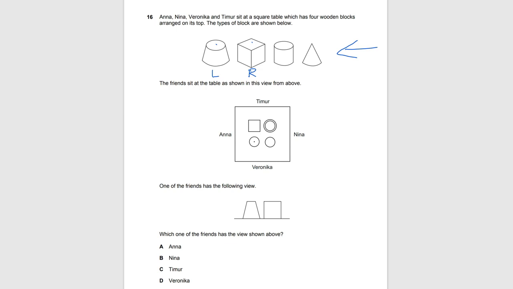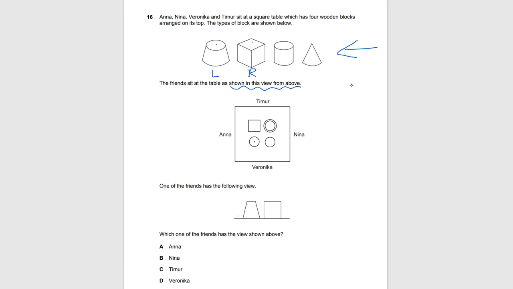Let's take a look. If we start with Nina, Nina has a curved shape on her left, but we have to remember that this is shown from the view above. So these shapes are from above, but this perspective is a side-on perspective, so as if you were sitting at this table.